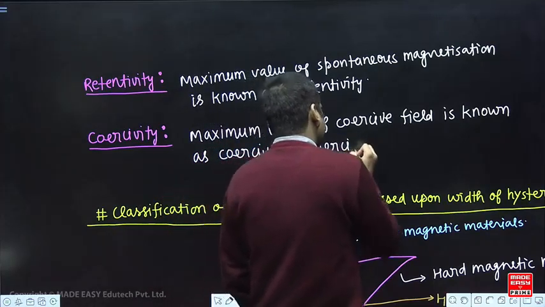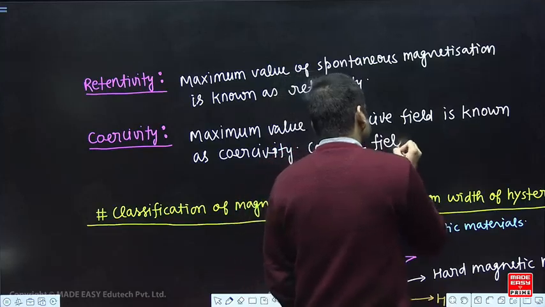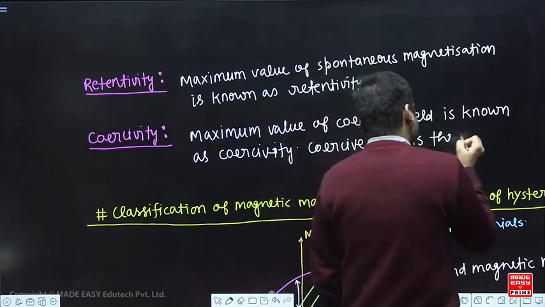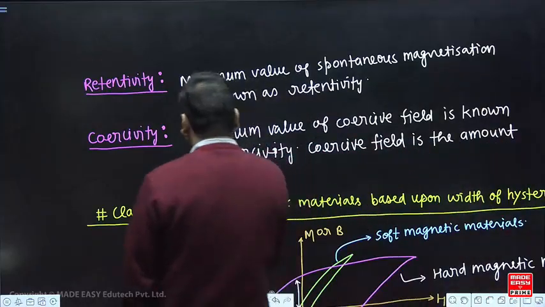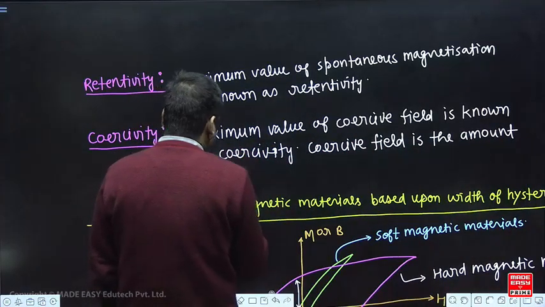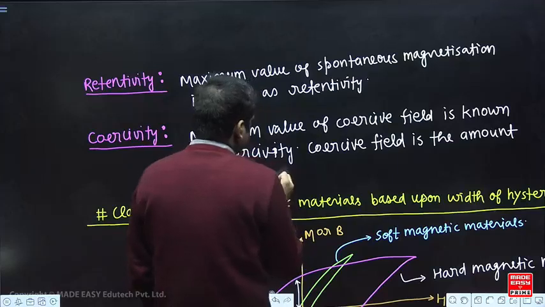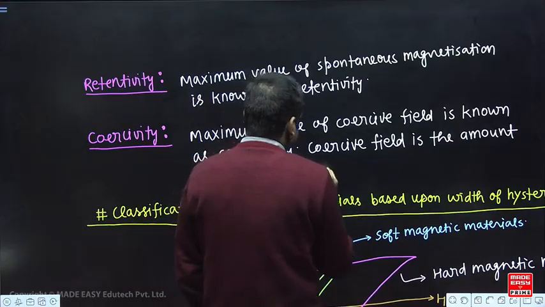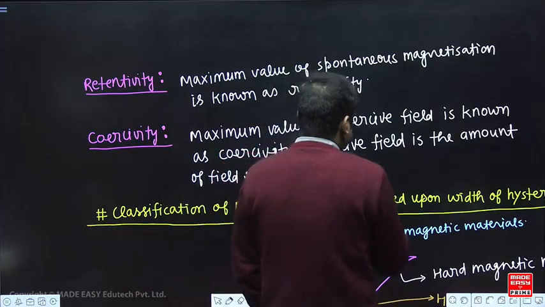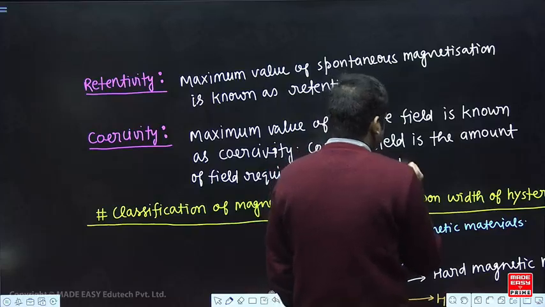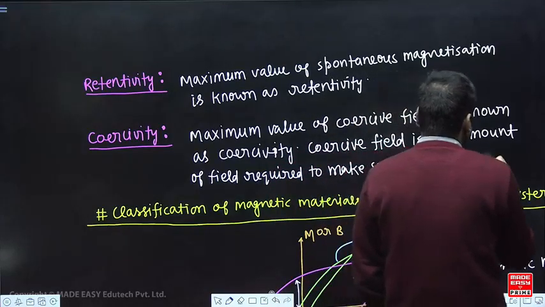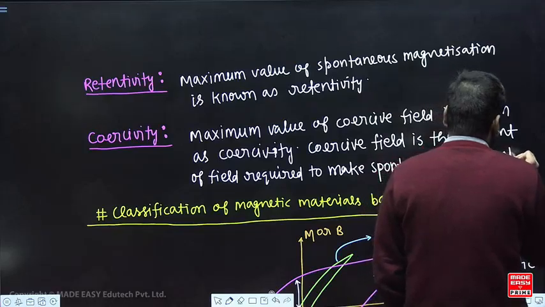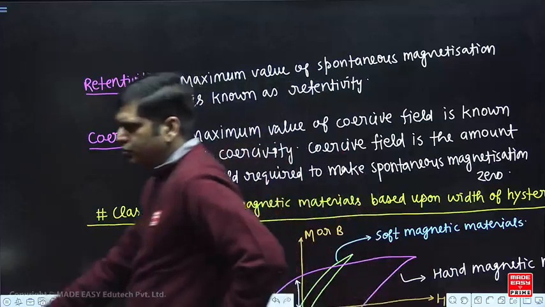Coercive field is the amount of field required to make spontaneous magnetization zero. Define these two terms, they are used many times.